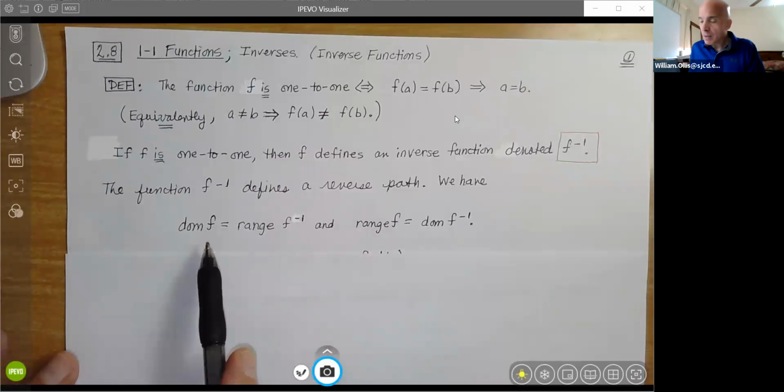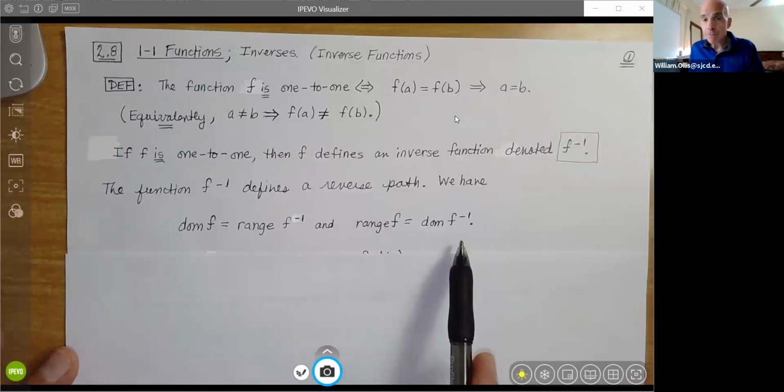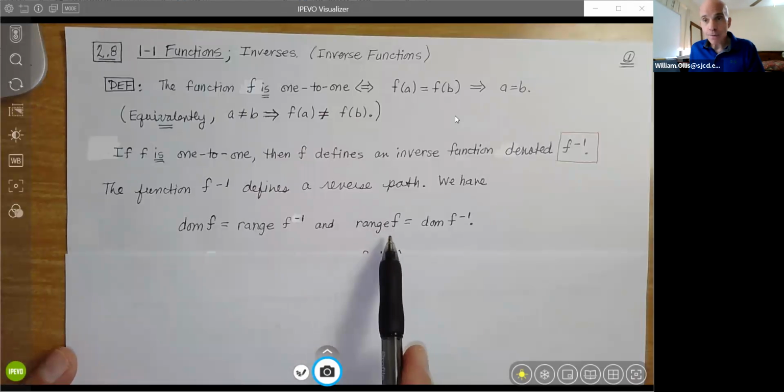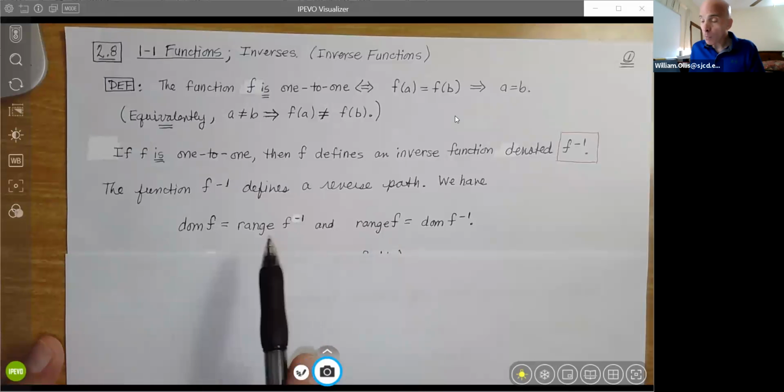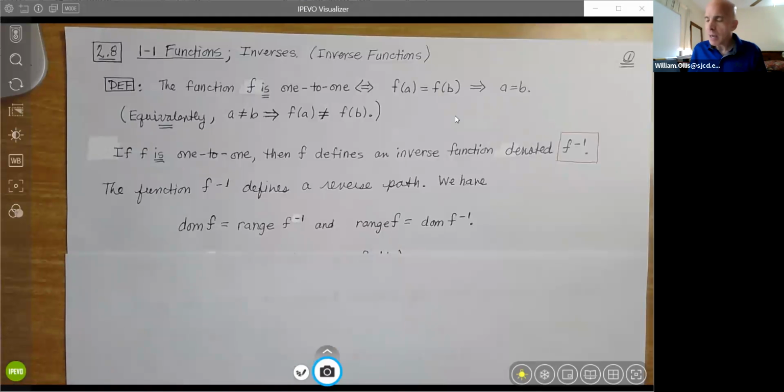That is, the domain of the inverse function is the range of f. And therefore, the range of the inverse function is the domain of f. So there's nothing new to have to figure out. So you might be thinking a one-to-one function already tells you what the reverse path is. It just might be nice to write it down. And that's really what we do. So there's nothing new. If you figure out the range and domain of f, you automatically know the range and domain of f inverse. Easy.